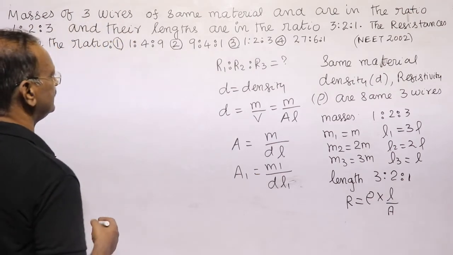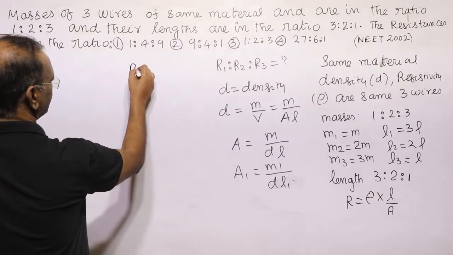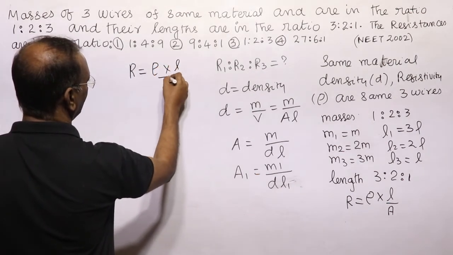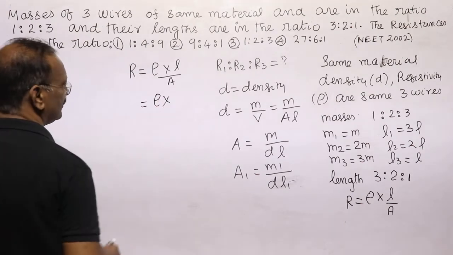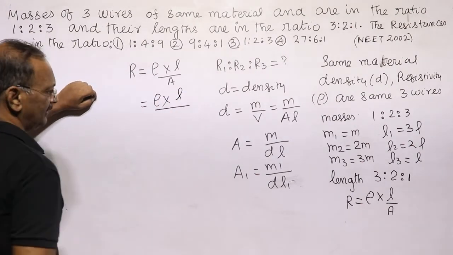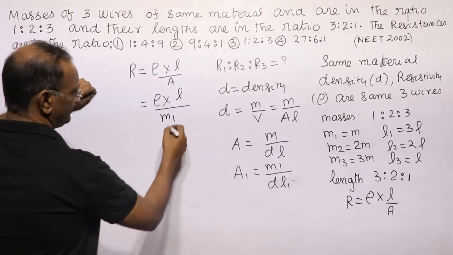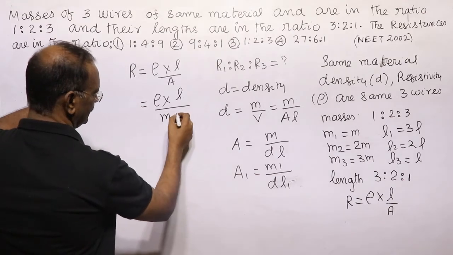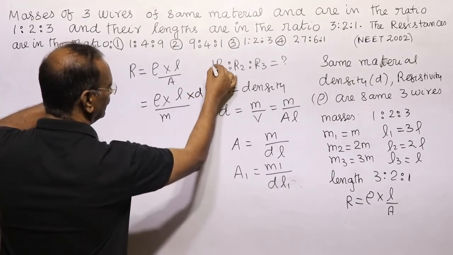Now we have to find out the relation for the resistance. Resistance is equal to rho into L divided by A, where A is equal to M by D L, so it goes on the top.